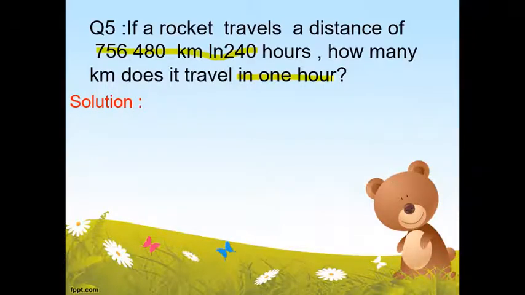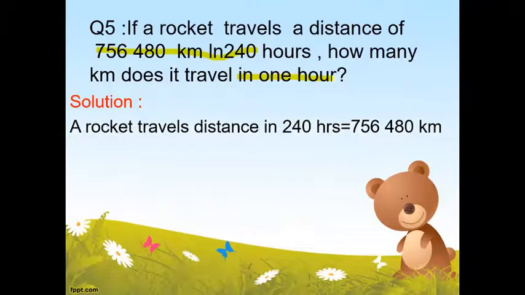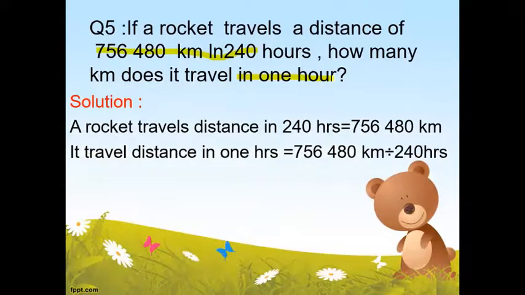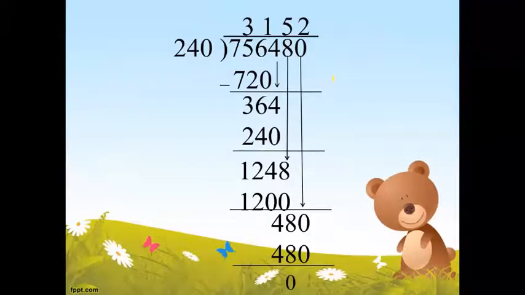So whenever we want to calculate about 1 hour, we should do the division here. You can see the statements here, and now the division is also in front of you, but it would be better if you first divide it by yourself and then match your answer with it.